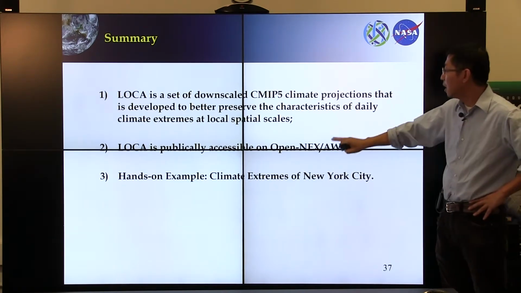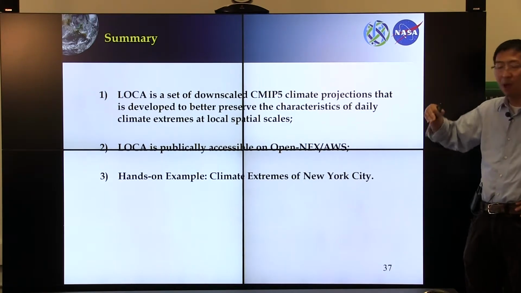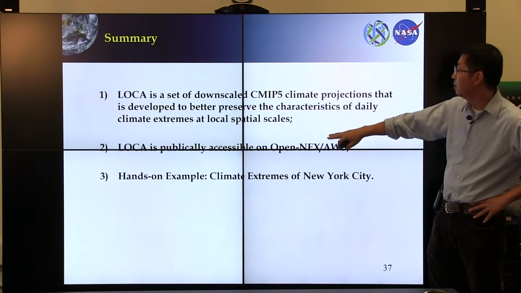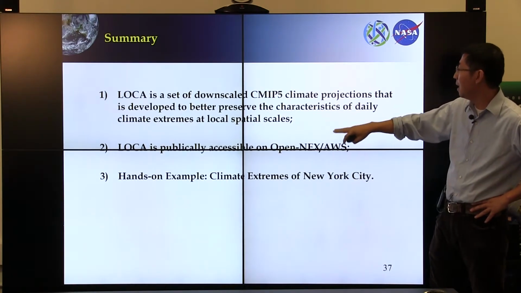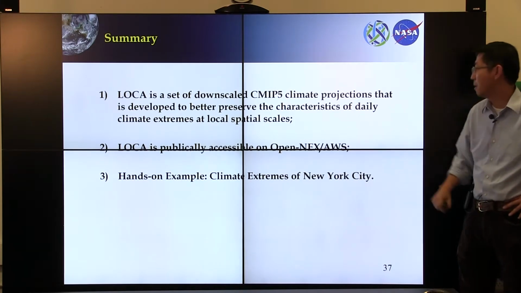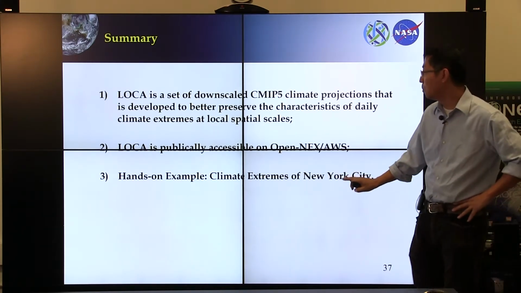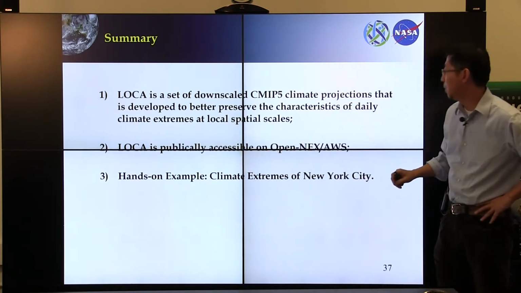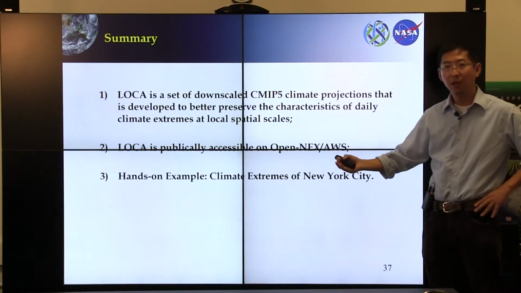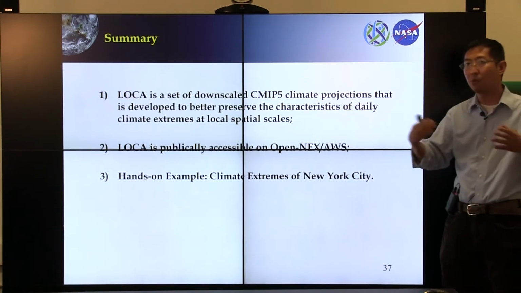By the time you watch this video, I believe LOCA is publicly released. So now LOCA can be accessed on OpenNEX on AWS. We also provide a hands-on example of how to analyze climate extremes of New York City in the future. As I said before, you can modify that example and apply it to somewhere else.